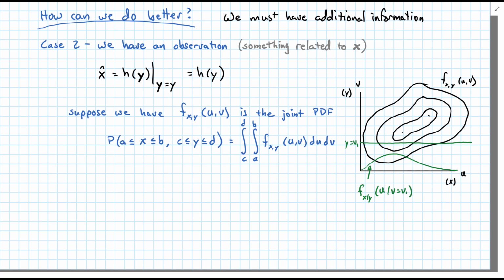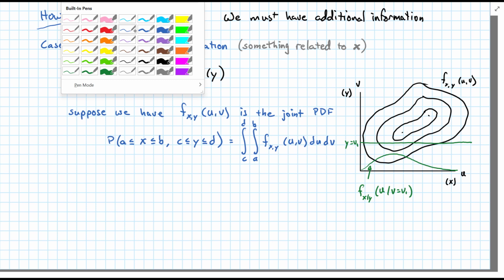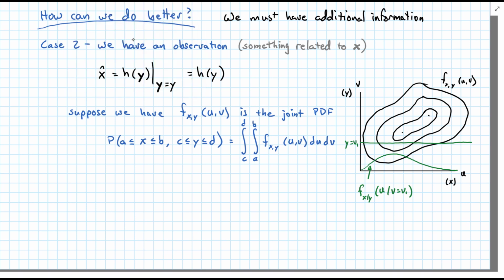Alternatively, we might have a different observation right here, y is equal to v2, and for this one our distribution would look something like this, peaking right about there, coming down to right about there.